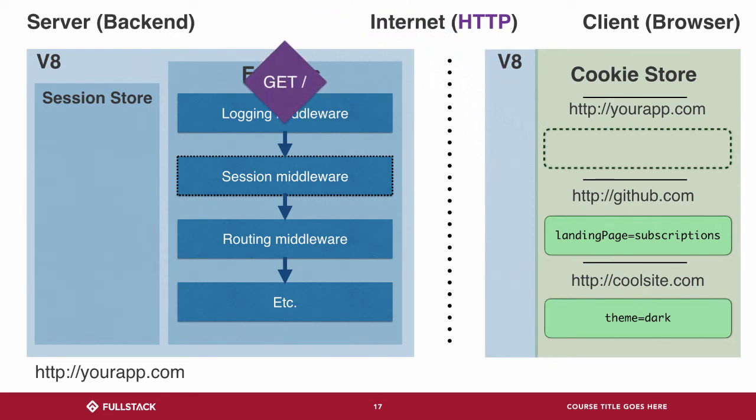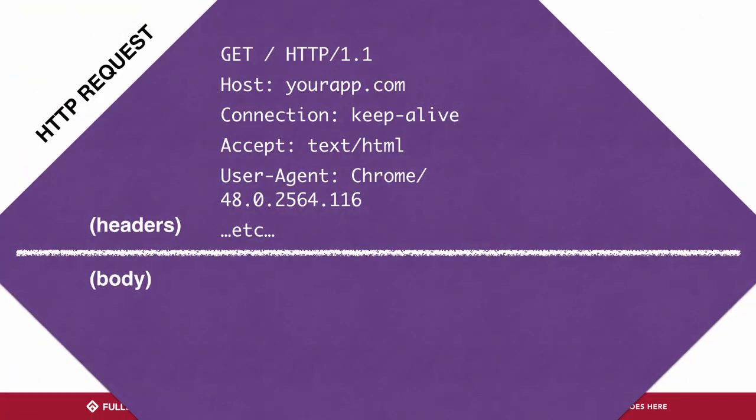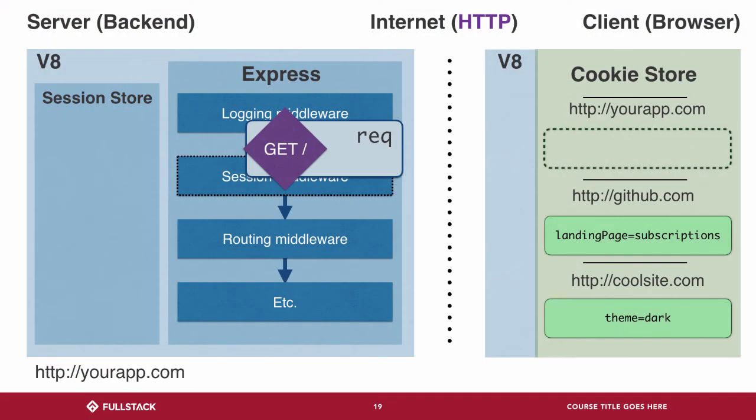The server looks at the request, and it hits this session middleware, right? It sees that there's no cookie in the request. And the server will say, hey, look, the user didn't come here with a cookie. Let's create a session, and let's do it by creating a cookie.